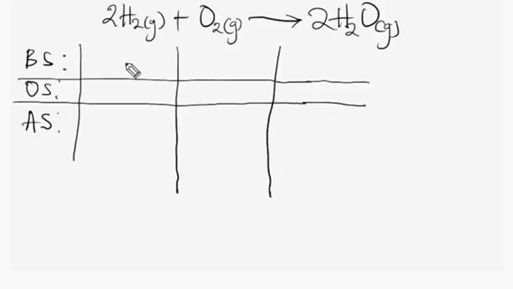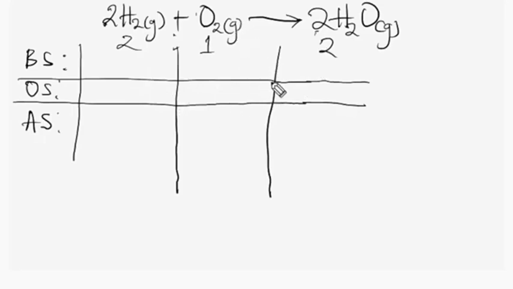We know that 2 moles of hydrogen will be sparked with 1 mole of oxygen to yield 2 moles of water vapor. From the reaction, this is 2, this is 1, and this is 2.